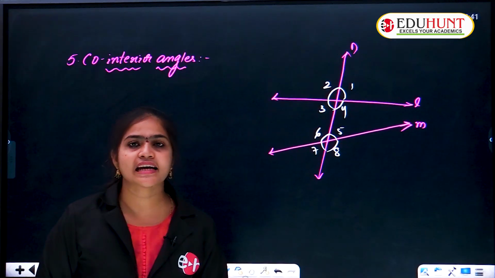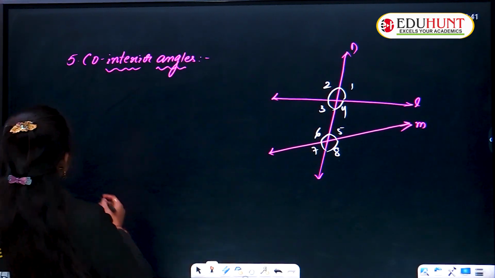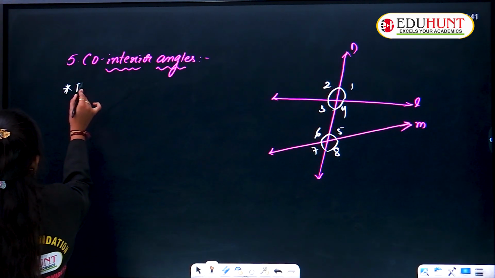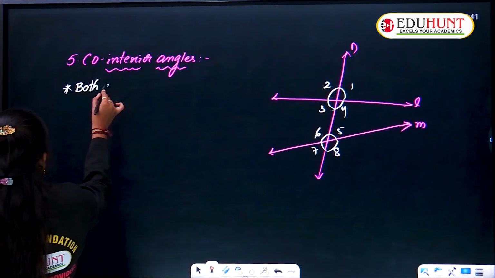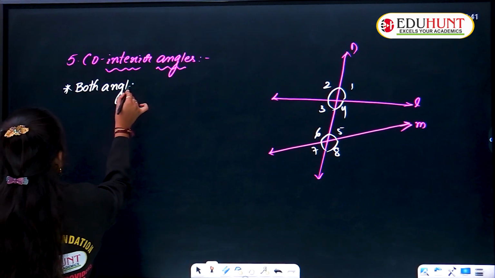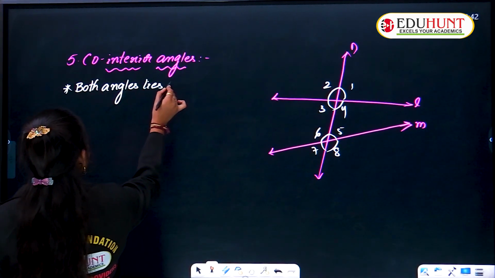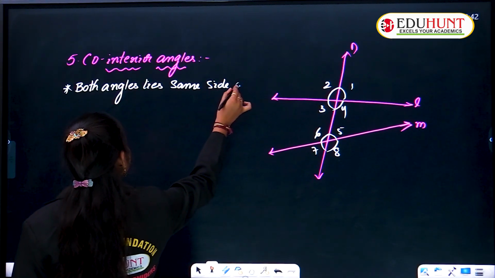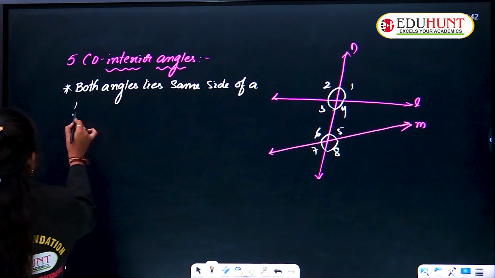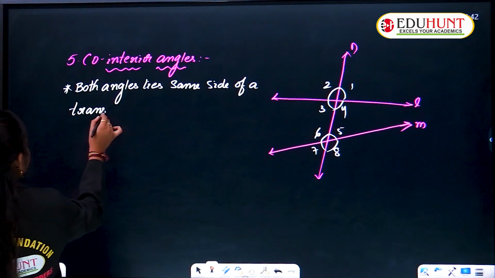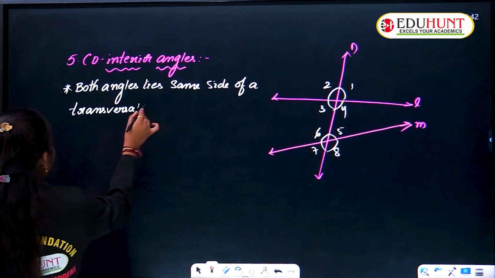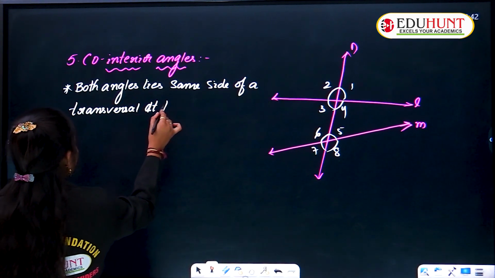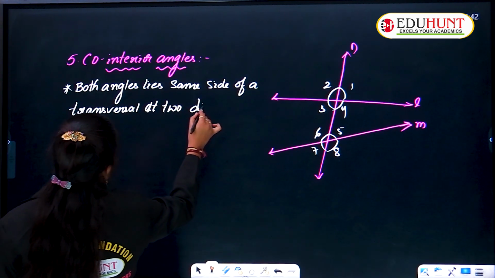Just like corresponding angles. Now here see that both angles lie on the same side of a transversal, at two distinct points.